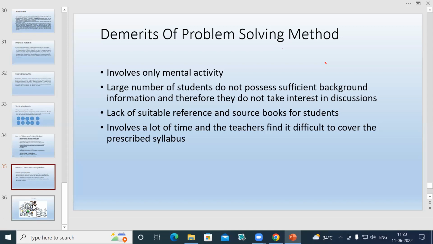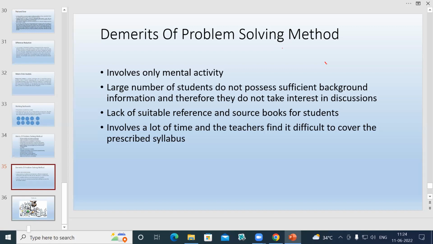See, problem solving is acting in your academics and in your general things also. When you go for the academic way, and you want to teach the problem solving method in that way, it involves lots of time and the teacher finds it very difficult to cover the whole syllabus. But the point is that we should develop the attitude of the student in a scientific manner.